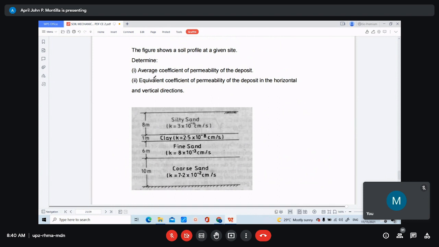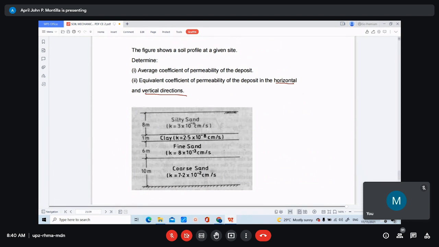Number two, the equivalent coefficient of permeability of the deposit in the horizontal and vertical direction. We have 4 layers given. No flow was given, so we are asked to compute both conditions, horizontal and vertical flow. But if a flow is given, analyze which condition it is.